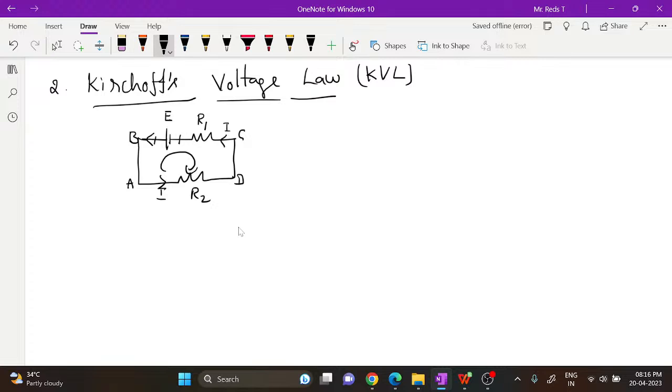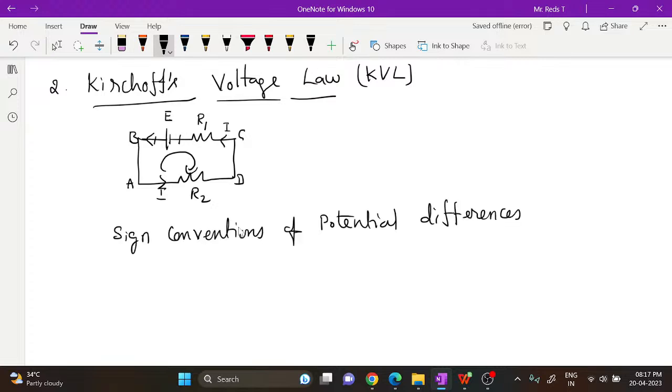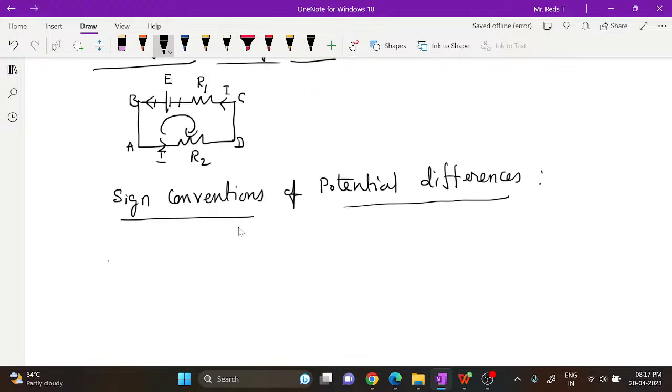So let us see the sign conventions first. In short, you can call these PDs. After a brief discussion of this, we'll work out numericals, guys. If you have a cell like this, and the current is flowing in this direction I, its EMF is E. The longer line in the cell symbol represents the positive terminal, and the shorter one the negative terminal, between A and B of the cell.